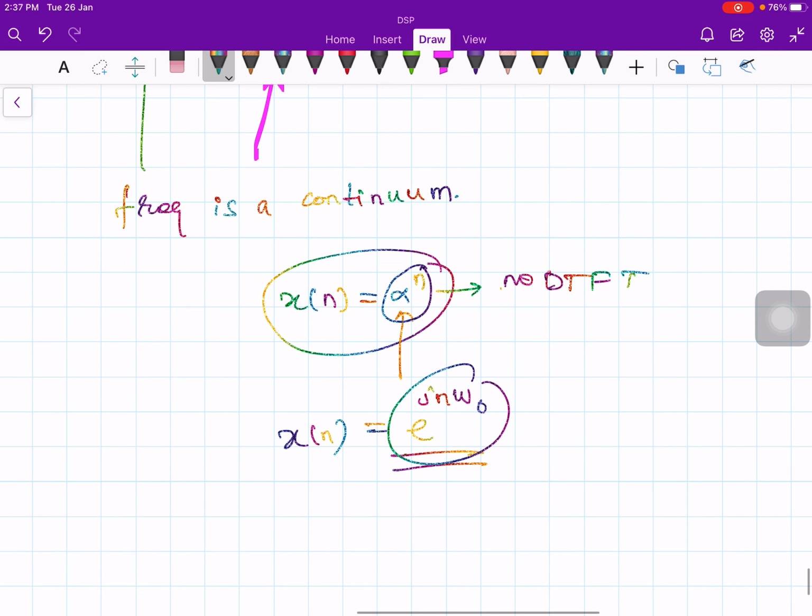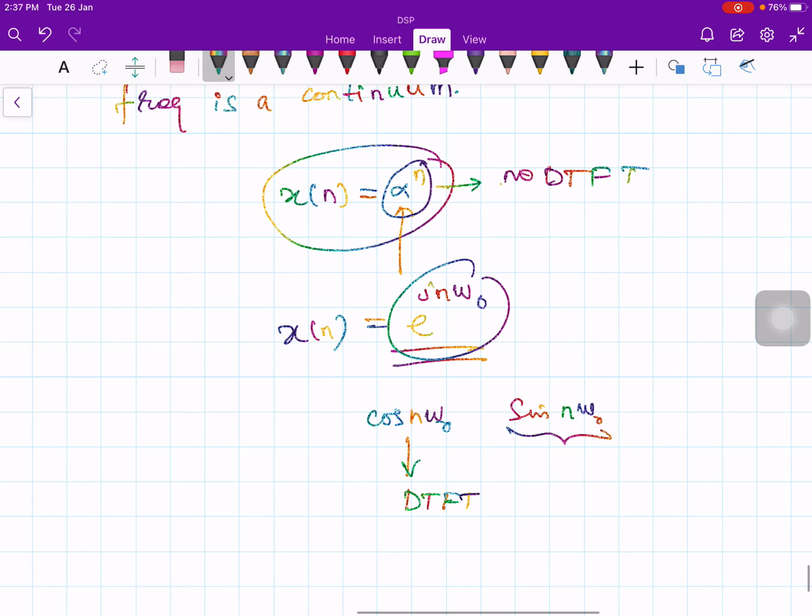If e to the j n omega naught has a DTFT, obviously its real part is cos n omega naught and its imaginary part is sin n omega naught, and then this cos n omega naught has a DTFT and the sin n omega naught also has a DTFT.